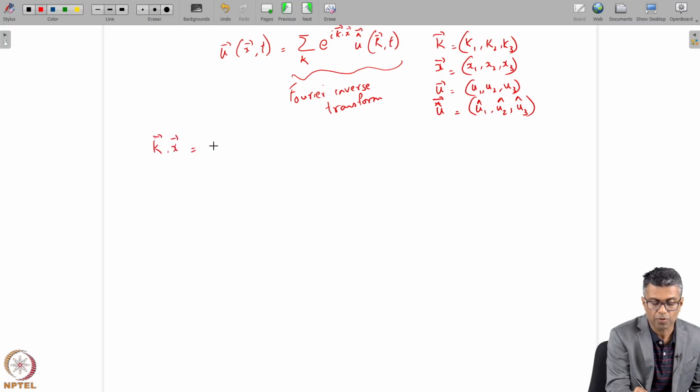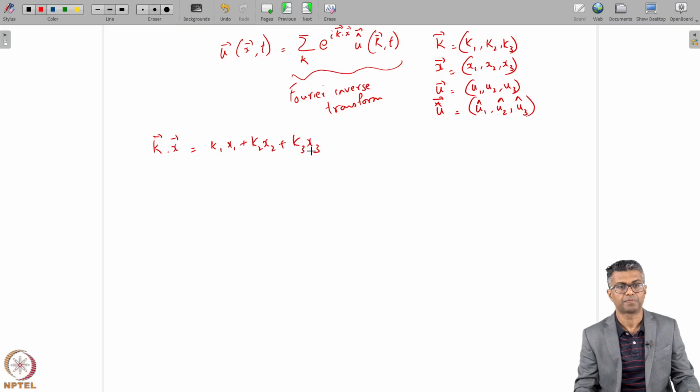Okay. Now, if I take kappa dot x, what I'm obviously going to get is k1x1 plus k2x2 plus k3x3, because it's a dot product.